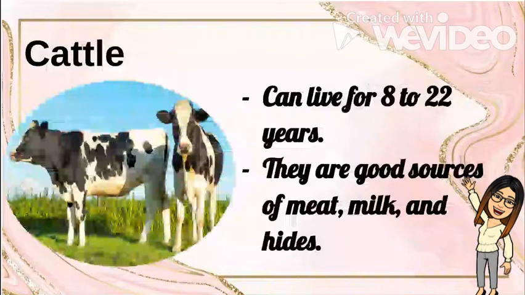They're good sources of meat, milk, and also hides, just like goats and sheep. And because of their size, it is practical to raise them in a spacious area, because their size is big. We can raise them at home.